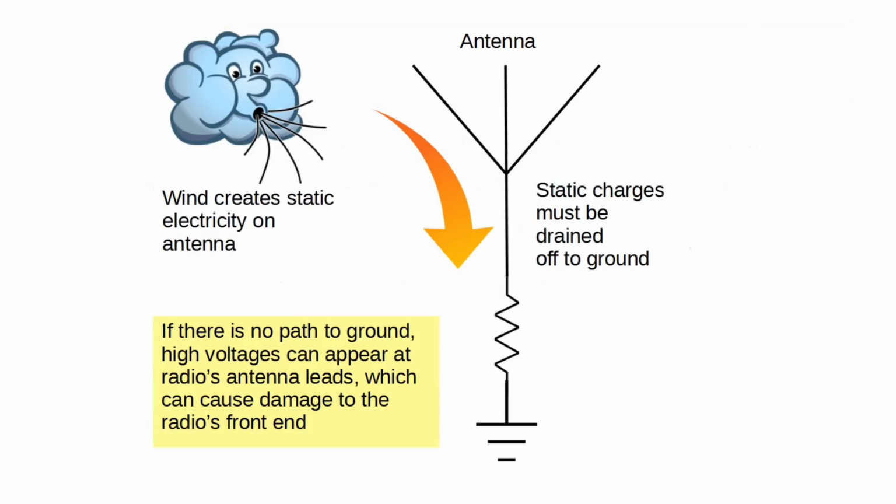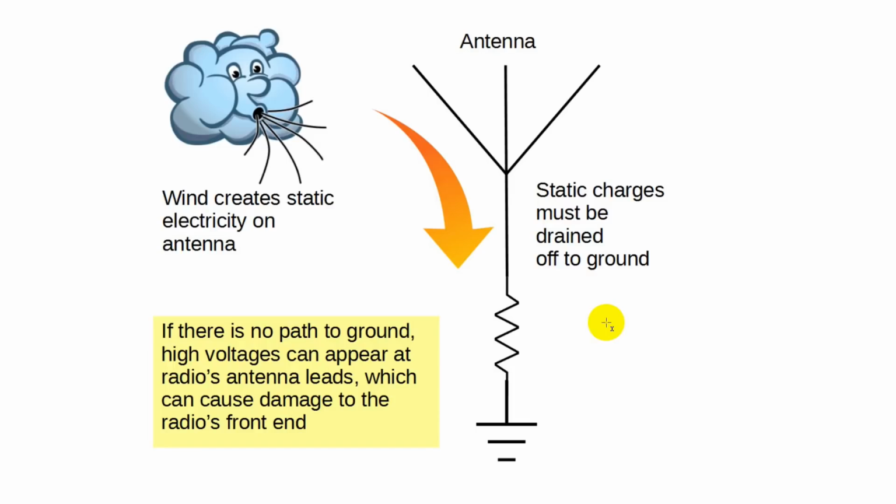Anyway, that's what happened. One thing to think about antennas, as the wind blows across them, it creates static electricity. That has to find a place to get to ground. I once blew out the front end of a radio, not paying heed to this. I had an antenna, and I had the coax going right into a little handheld radio, an IC7H or something like that.